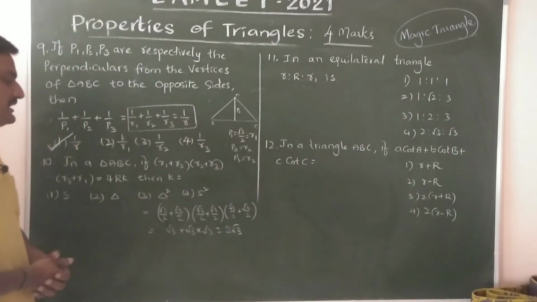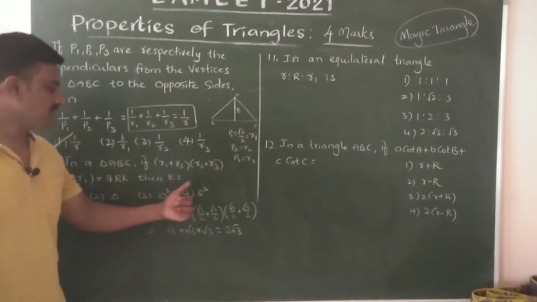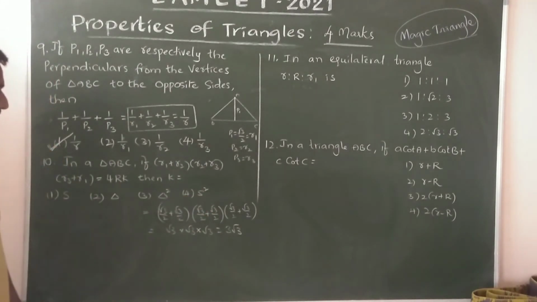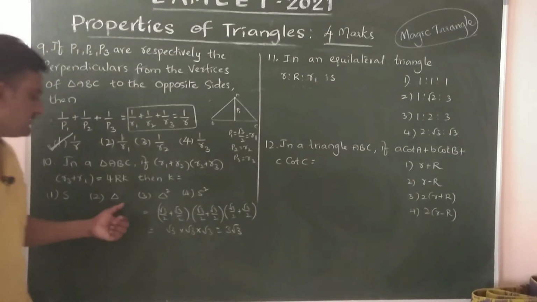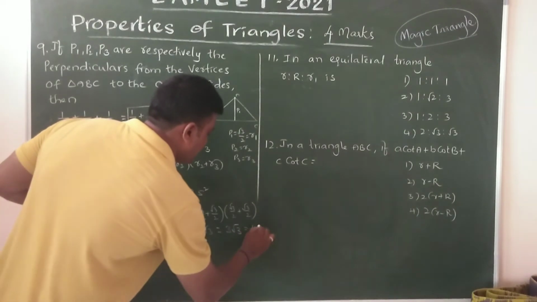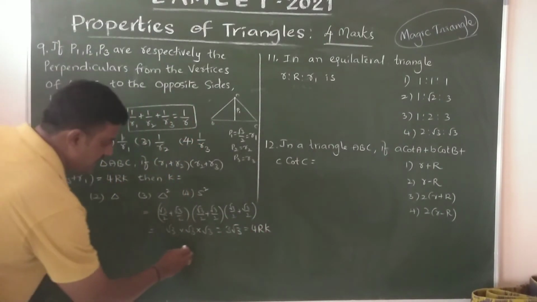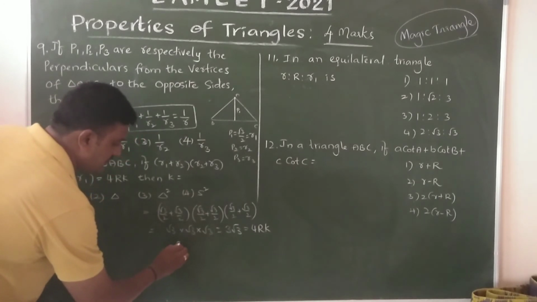Now 3 root 3 equals which one? s, delta square, or s square. Let us see. Now s is nothing but 3 by 2. So 3 root 3 equals 4rk.